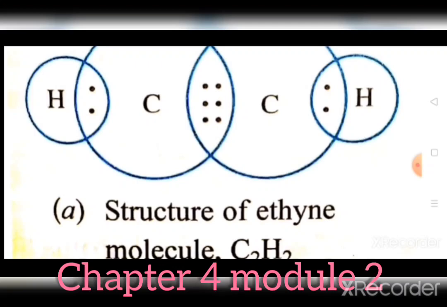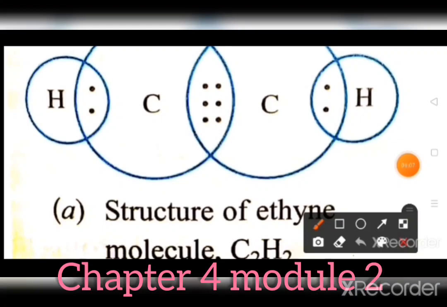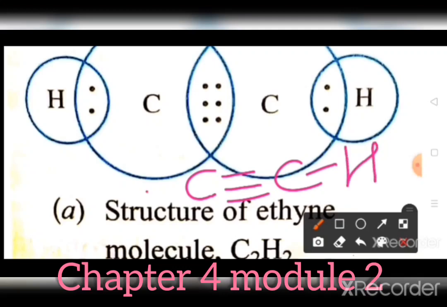So multiple bond formation is also a property of carbon, therefore it is considered versatile in nature. So here ethyne has been shown. The structure will be carbon, triple bond, carbon, single bond hydrogen, and here also single bond hydrogen. So the bonding will be like this, and the electron dot structure is shown in the diagram.